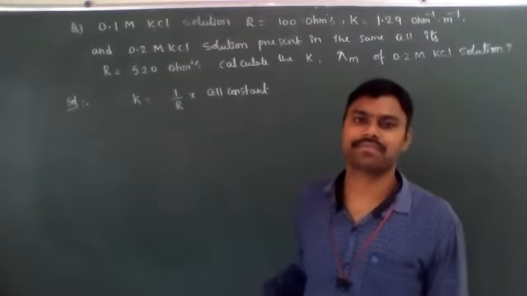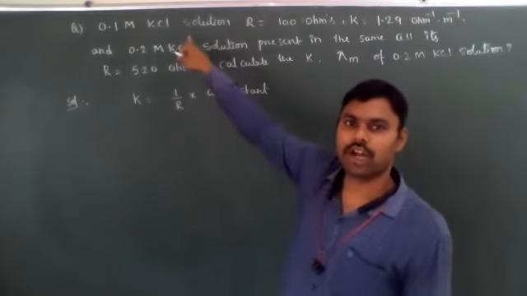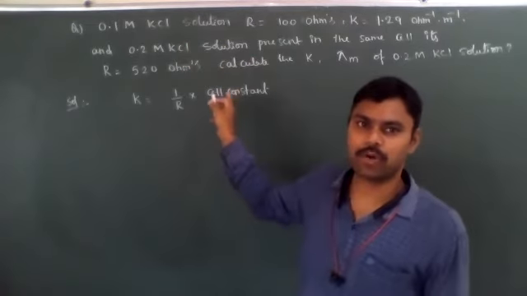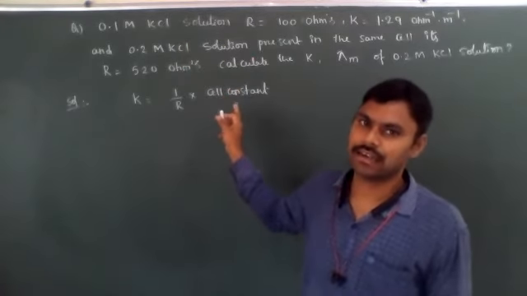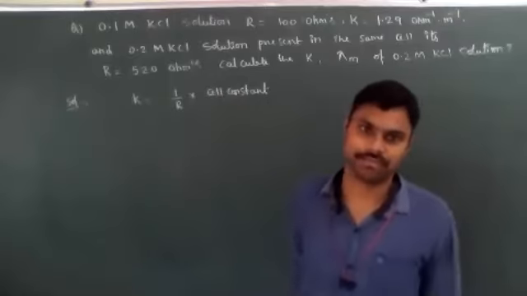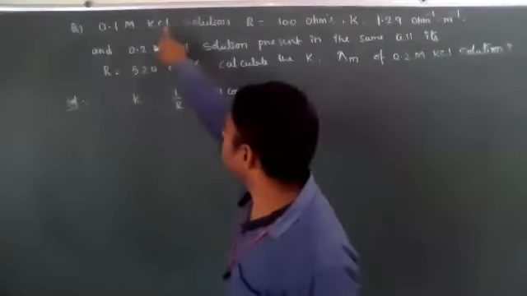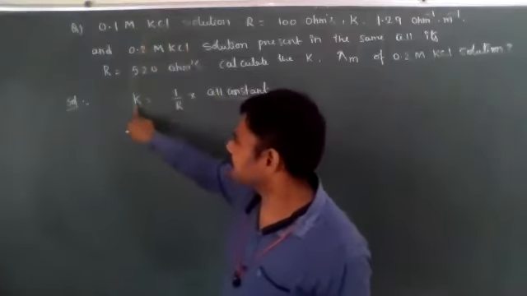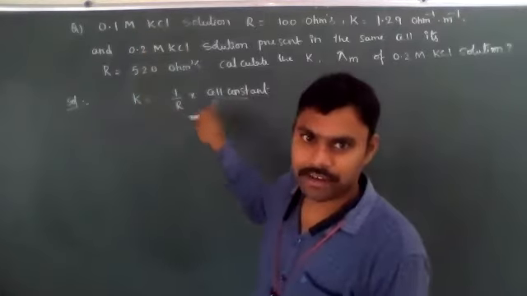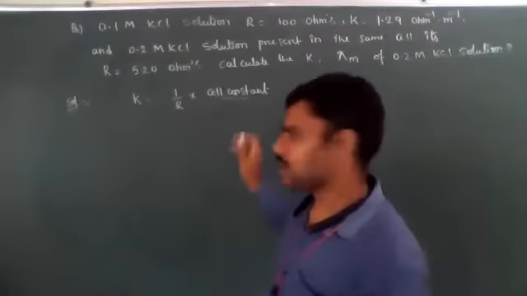Means the cell is the same, so for either 0.1 molar or 0.2 molar KCl solution, the cell constant is the same. Here, for 0.1 molar KCl solution, the K value and R value are given, so we can find out the cell constant.